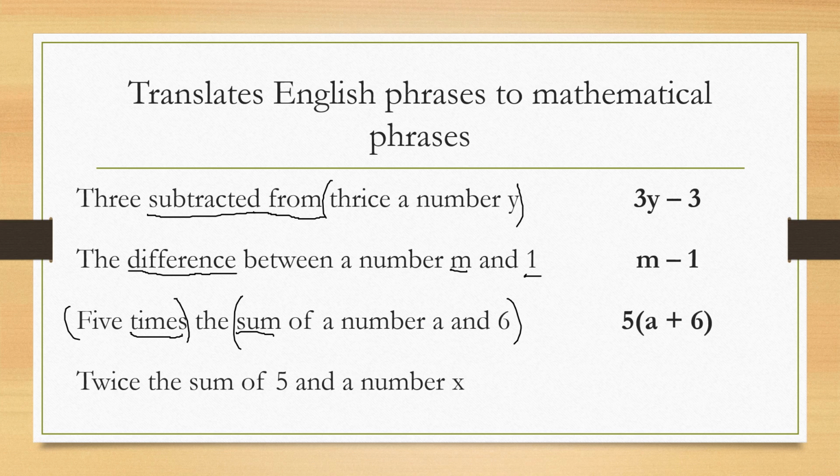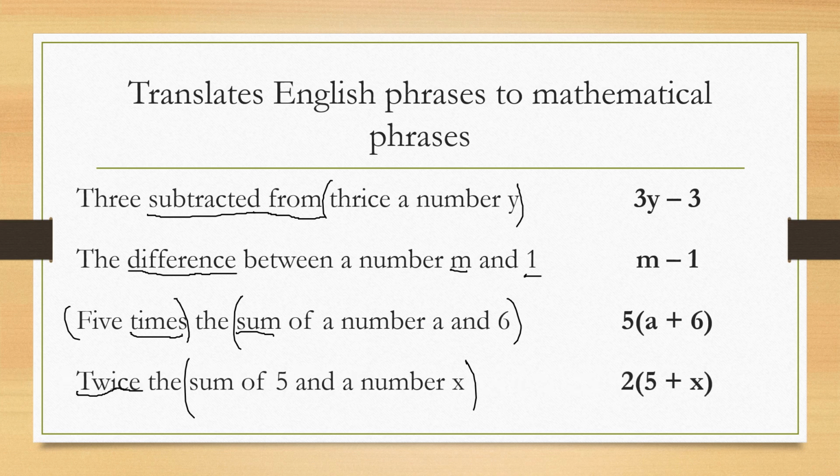And the last one will be twice the sum of 5 and a number x. So again, twice, ibig sabihin, that means multiplied by 2. So twice the sum of 5 and a number x, ibig sabihin, that would be 2 times 5 plus x.